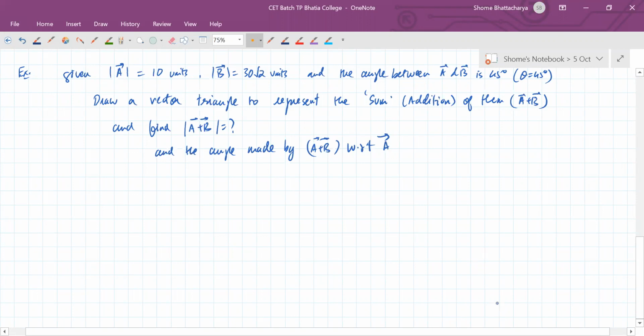Okay, so let us understand this question in detail. First of all, we have to understand that these vectors are of magnitudes like this, and the angle between them is 45.